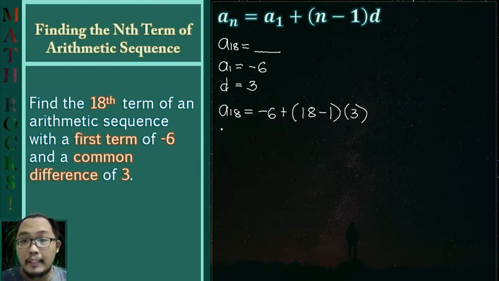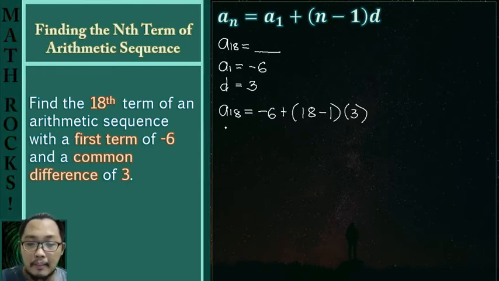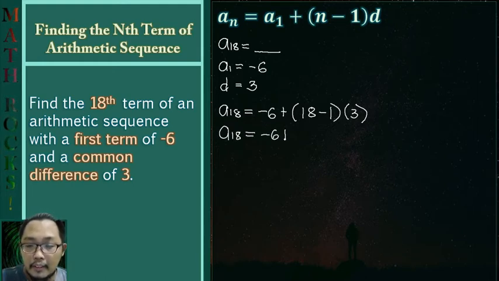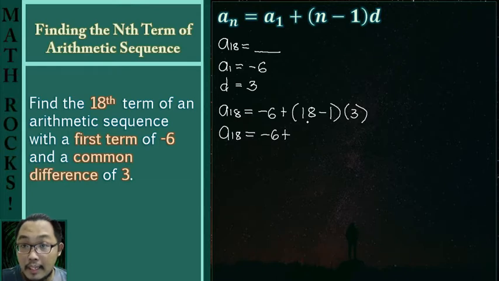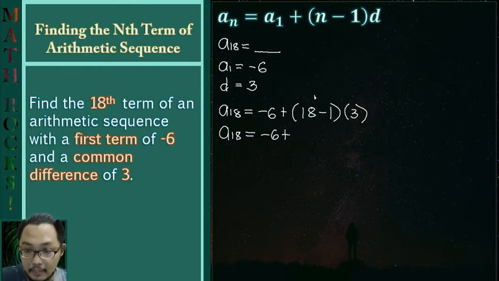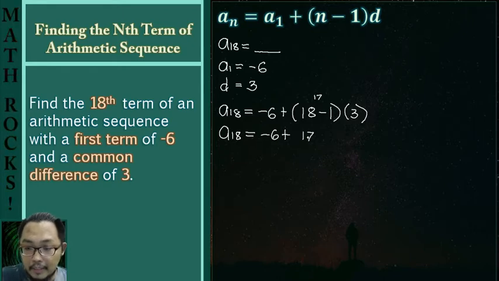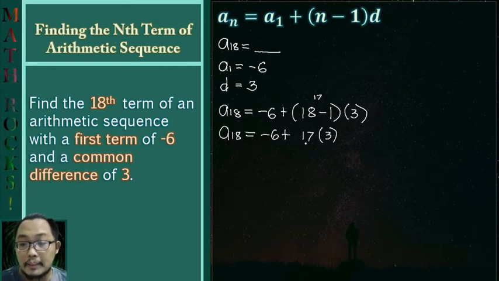Then we have to manipulate this equation. By simplifying, we have a sub 18 equals negative 6 plus the quantity 18 minus 1, which is 17. This 17 will be multiplied with 3, so it gives us 51.